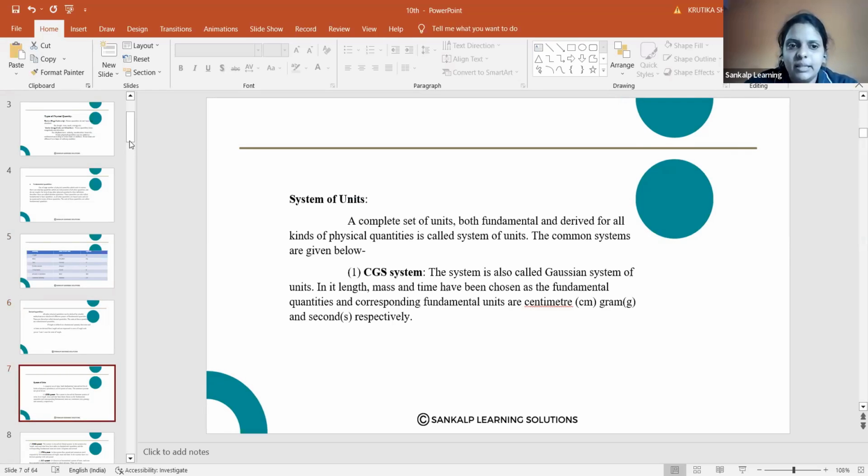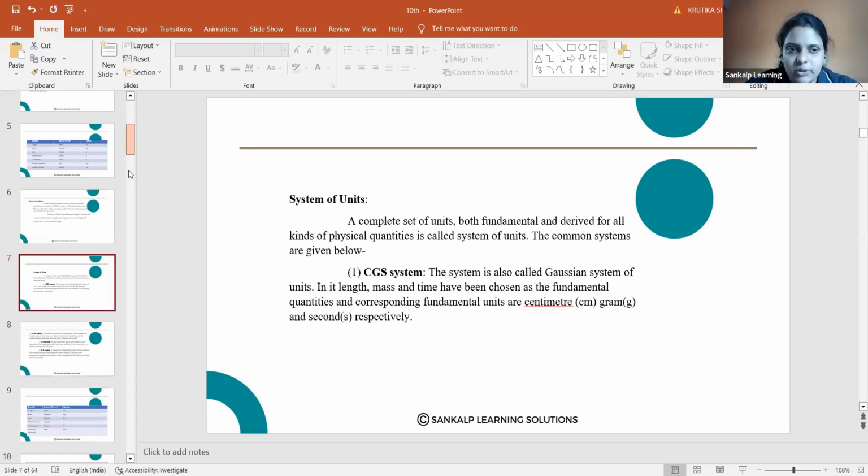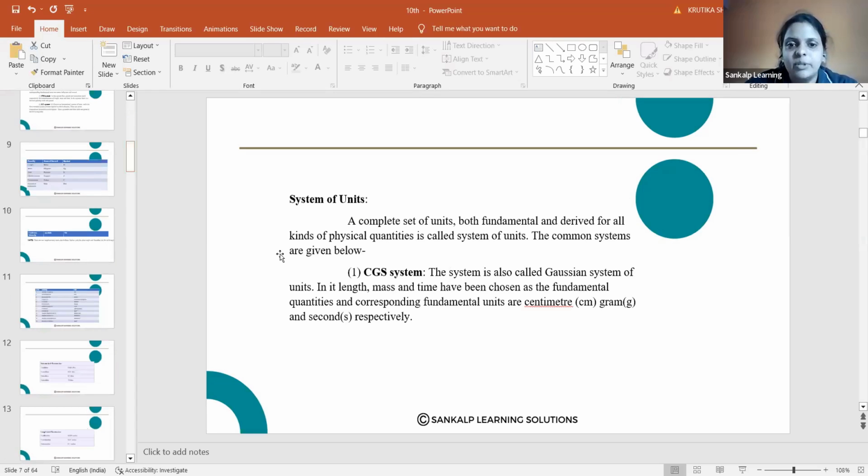I think in the last class we also discussed the system of units. We have 4 systems of units. The first is the CGS system. C stands for centimeter, G stands for gram, S stands for second.